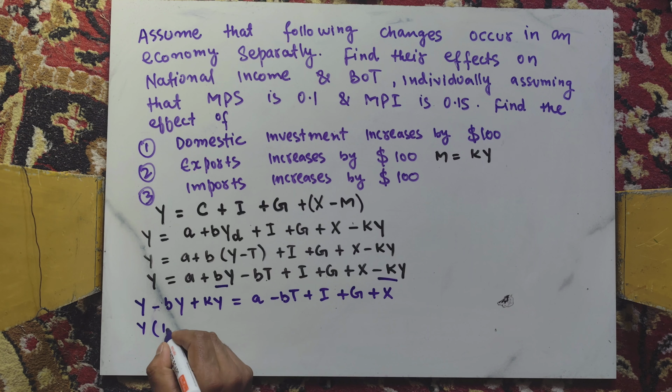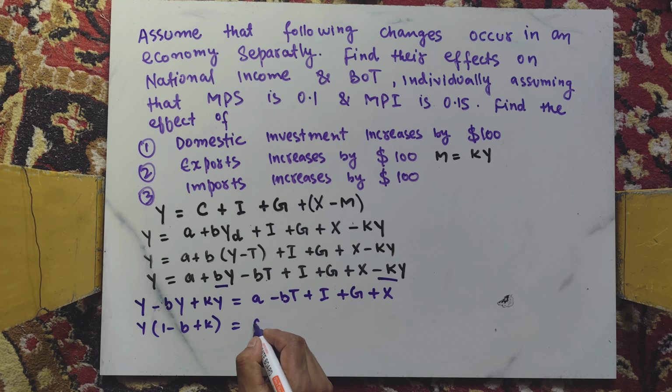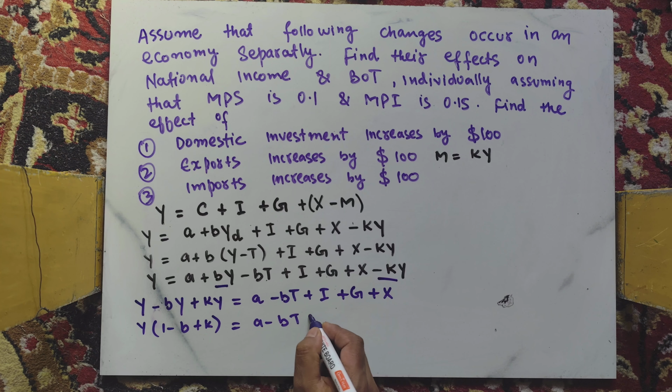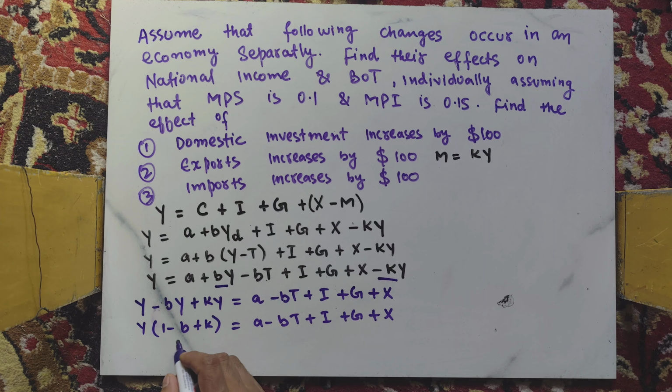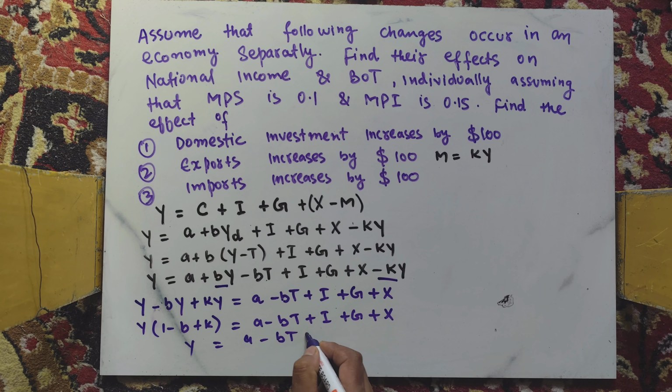We are left with 1 minus B plus K, equal to A minus BT plus I plus G plus X. Now dividing both sides by this term, we will get Y is equal to A minus BT plus I plus G plus X divided by 1 minus B plus K.